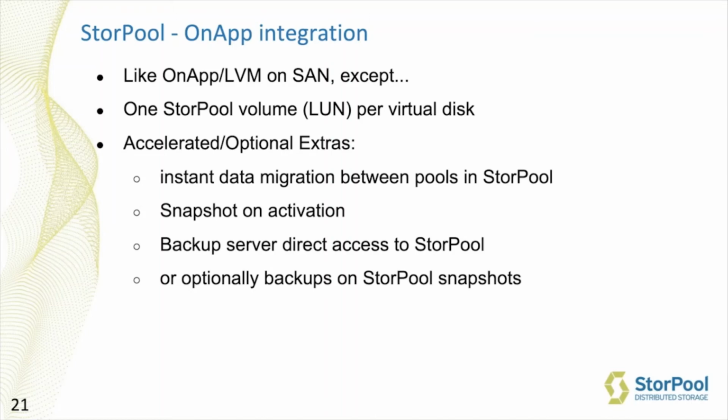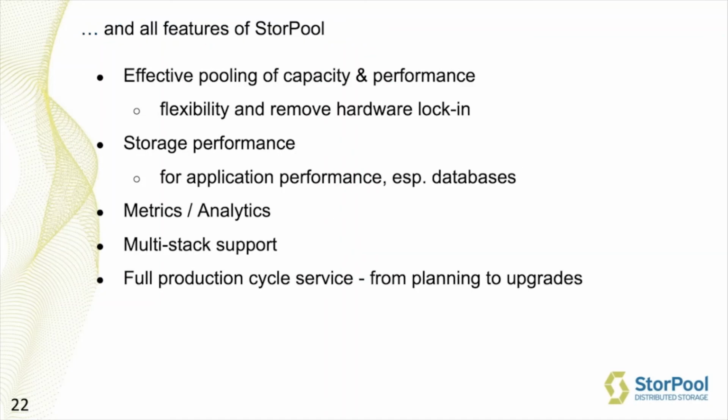And when it says optionally, it means you can turn it off or on depending on your use case. Optionally, you can switch OnApp backups from being files on a backup server to being snapshots in StorPool, which for some use cases is the preferred way of keeping backups. Next slide, please.